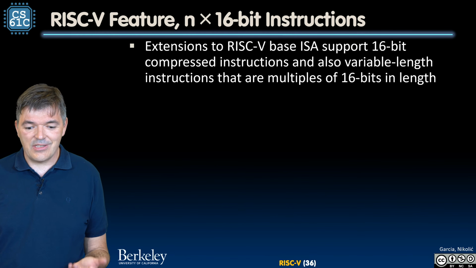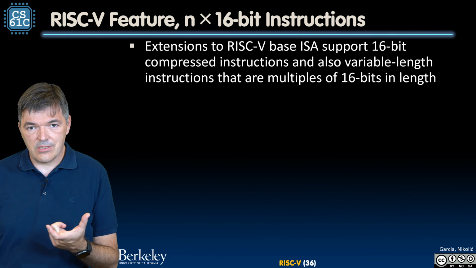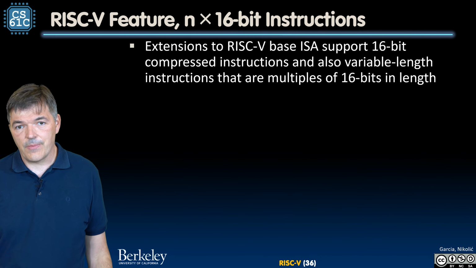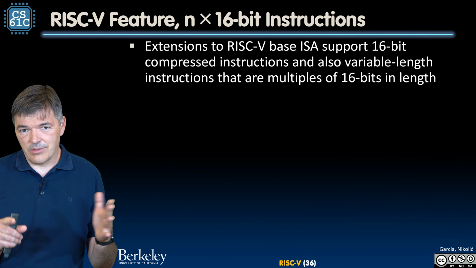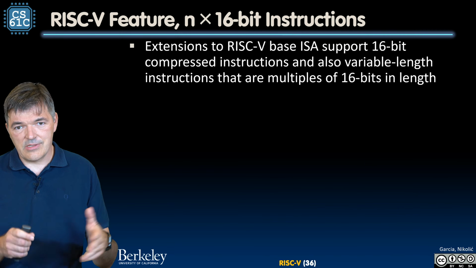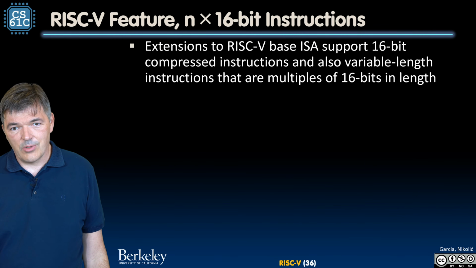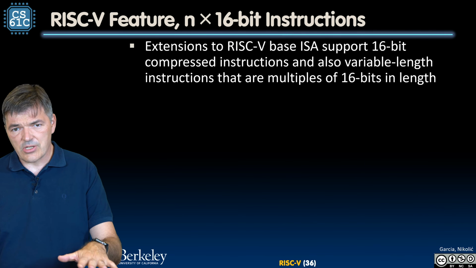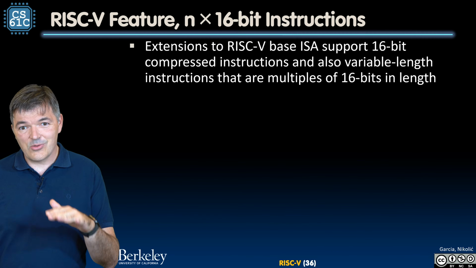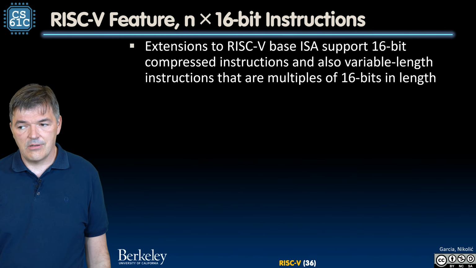The compressed instruction set is a subset of the ISA that has 16-bit instructions, not 32. We have talked about RV32, RV64, RV128, but all the instructions were 32 bits, except there is a subset that uses 16-bit instructions.